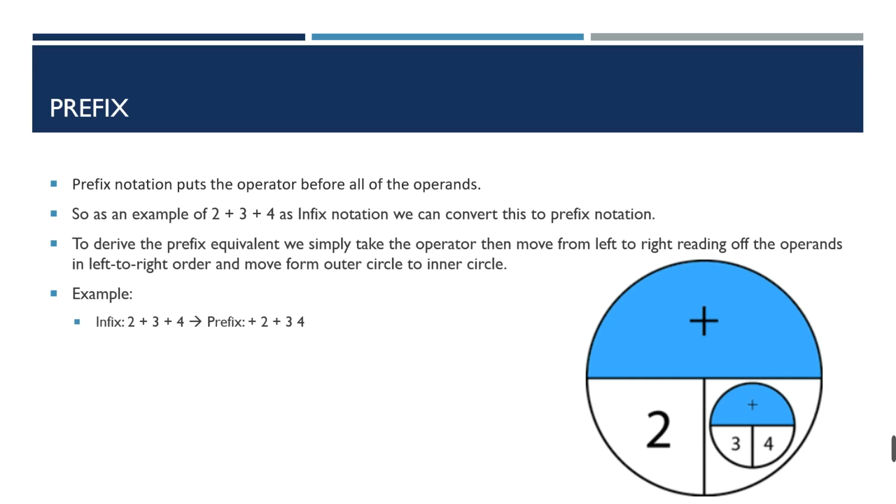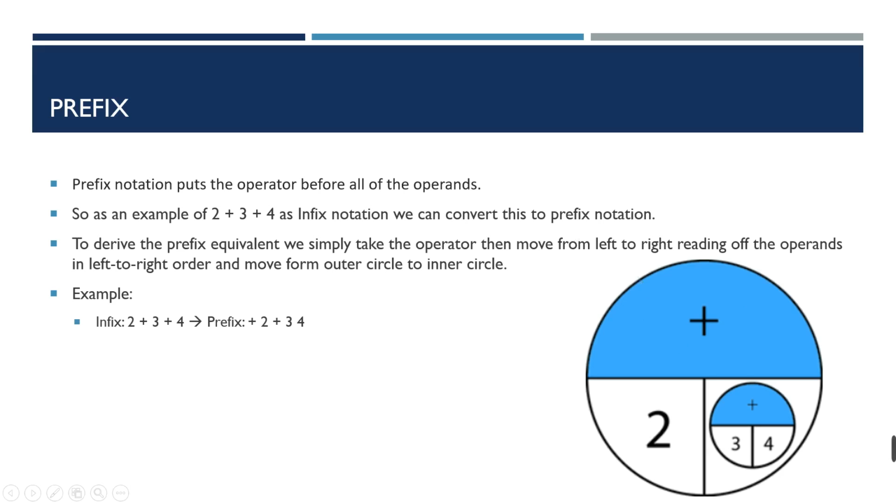For prefix, the notation puts the operator before all the operands. This means that the precedence is always clear. As an example, take 2 plus 3 plus 4 in infix notation; we can convert this to prefix notation. This can be written with a circle where we put the operator in the blue section, which is followed by the operands.